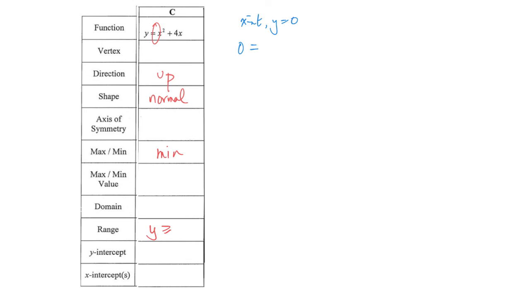Because when I let in that y equals 0, I know that I'll be able to pull out a common factor of x. So when I solve for my x-intercepts, I get x equals 0 or x equals negative 4.